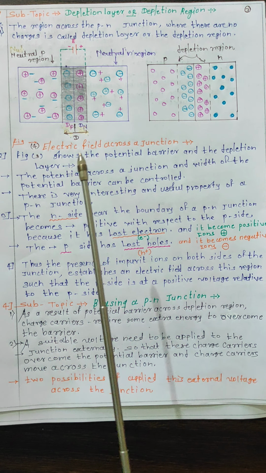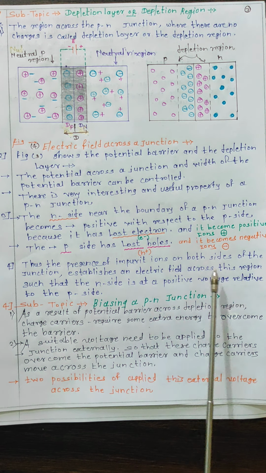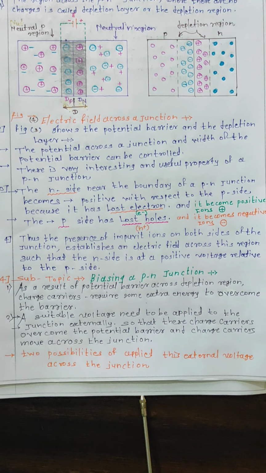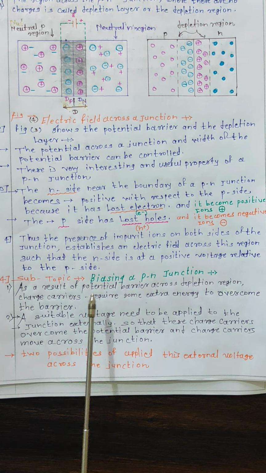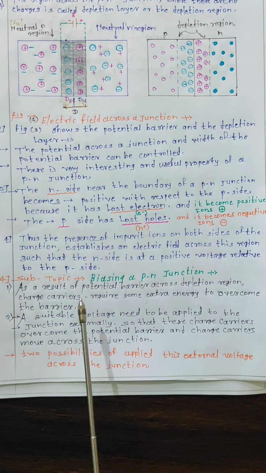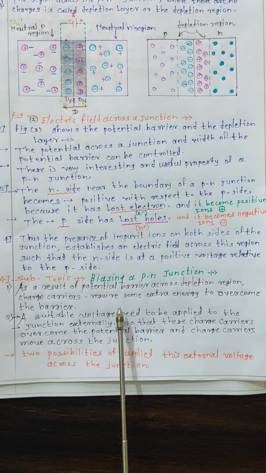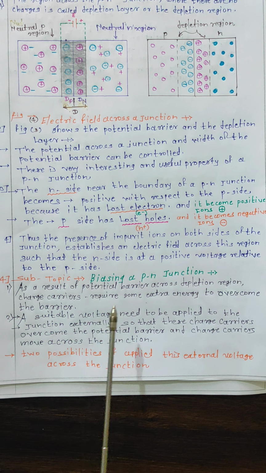Then next the topic is the biasing of a p-n junction. As a result of the potential barrier across the depletion region, charge carriers require some extra energy to overcome the barrier.